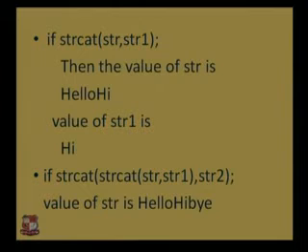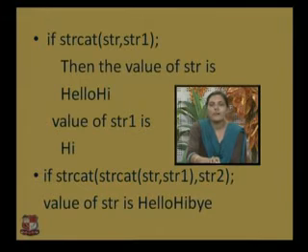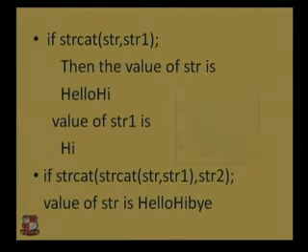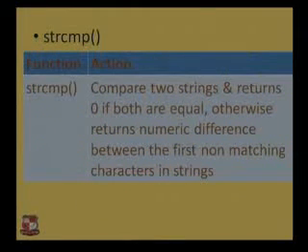After this concatenating function, the value of str is hello hi, but the value of str1 is not changed, it is the same, hi. The value of str1 is appended at the end of str. You can also nest the functions, using strcat inside another strcat. So it will follow the same way: hello, hi and bye. Join the first strings and then append to the other string.